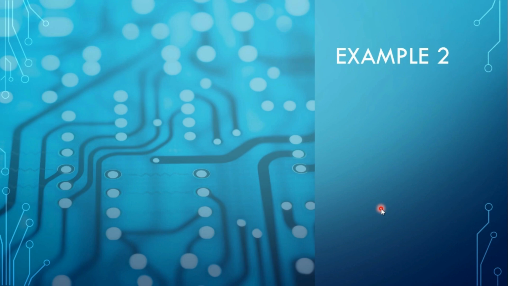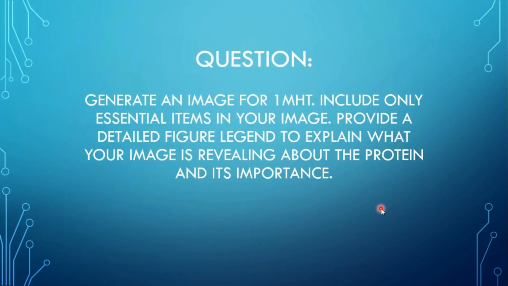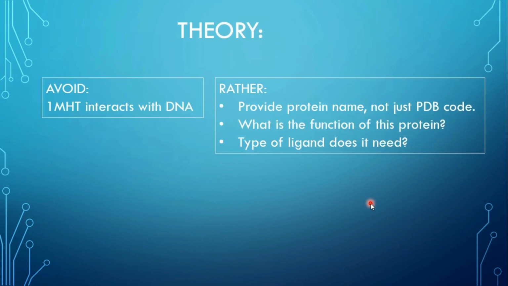So let's look at another example. Let's say a question asks you to generate an image for this model and to only include essential items with a detailed figure legend. So let's tackle the theory part first. Avoid just giving the bare minimum of an answer, but rather go into the details.